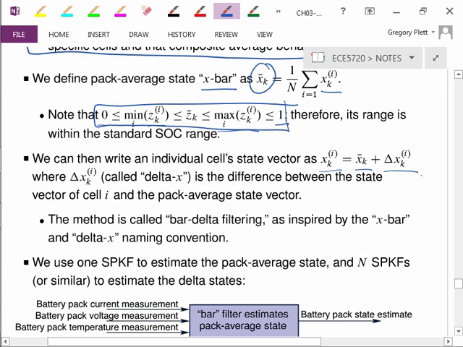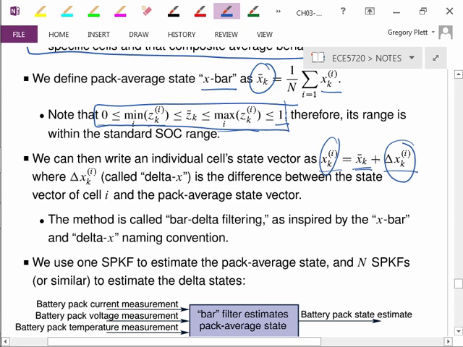The deviation is written as delta x. And so it's the difference between the state vector, the true state vector of cell i, and the pack average state vector. And all we've done is a mathematical definition that allows us to write any state in terms of a delta and some other quantity.